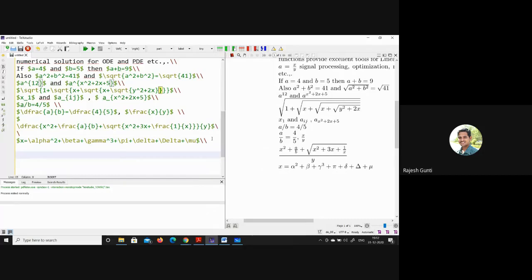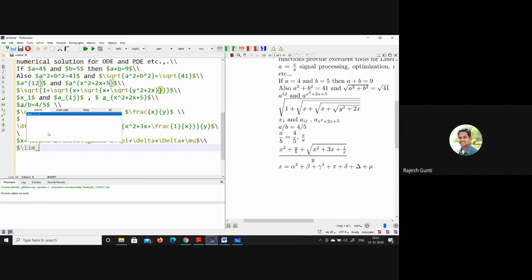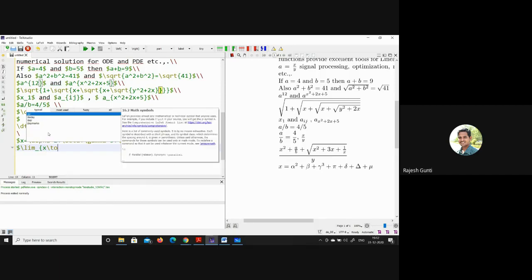Okay, now I want to bring the limit symbol. How to bring this limit symbol? The command is \lim. Then underscore, and the subscript should come down. Then x, \to. \to is for tends to, and the tends-to symbol will come.